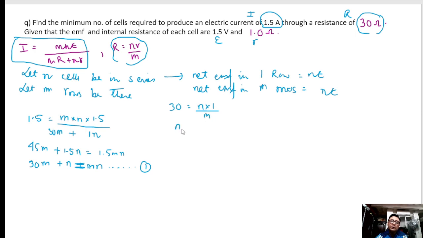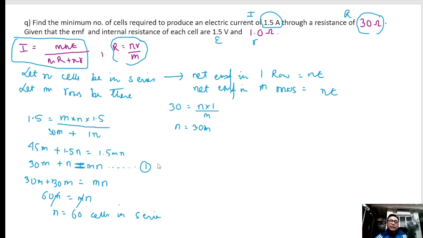That means N is equal to 30 M. So let us put here 30 M plus 30 M is equal to Mn. 60 M equal to Mn. That means N is coming 60. That means there should be 60 cells in series.